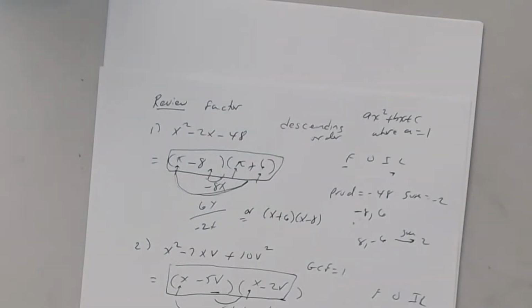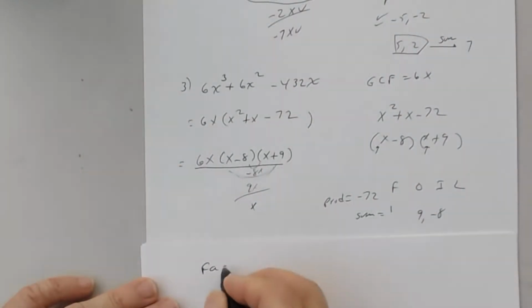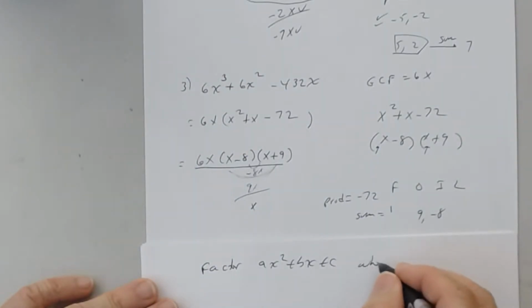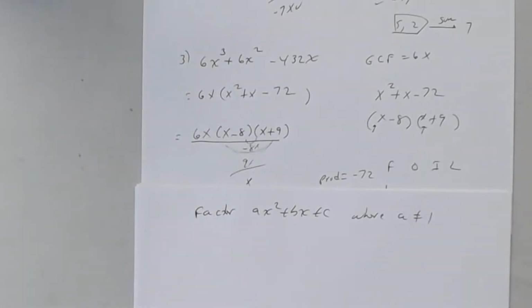Now we're going to look at a situation where a is not 1. So we're going to factor trinomials of this form where a does not equal 1.